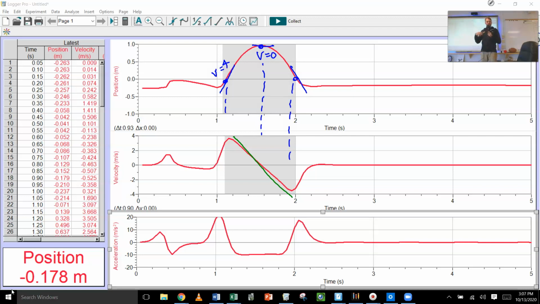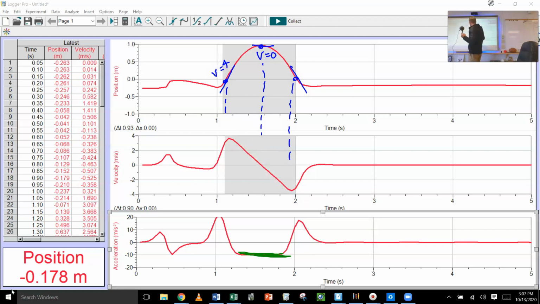So you'll see here that my acceleration is constant. Every second that goes by, my velocity changes a certain amount. It's a uniform change in velocity.